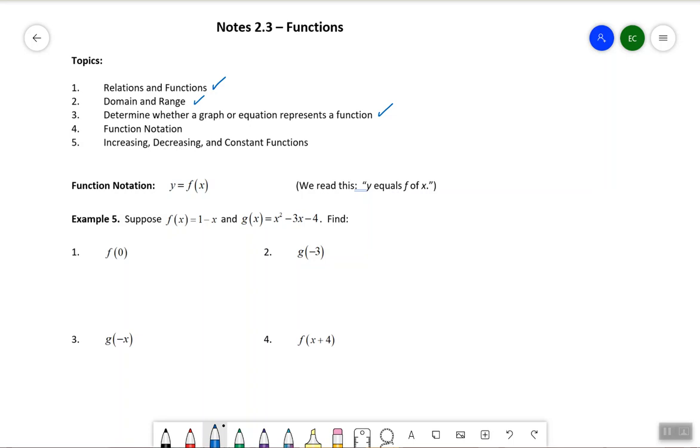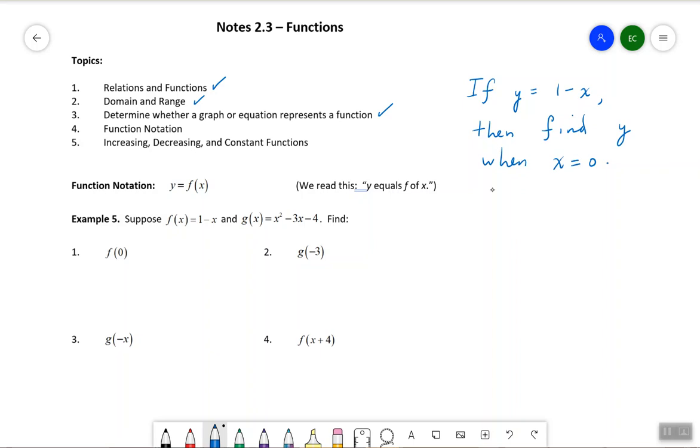So let's start with a quick example here. Here's a problem you would have seen in a previous math course. It says if y equals 1 minus x, then find y when x equals 0.